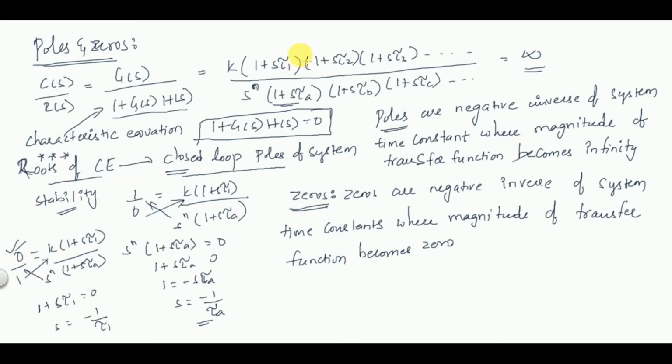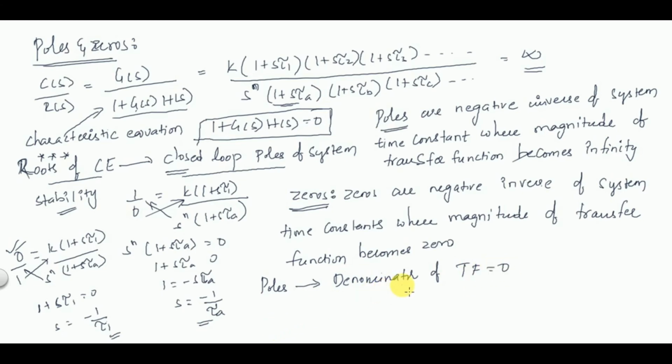Or you can also equate the numerator of the transfer function to 0, and you'll get the same thing. Simply, this is the definition, and this is how poles and zeros are calculated. Or simply we can say poles are obtained by equating the denominator of the transfer function to 0.